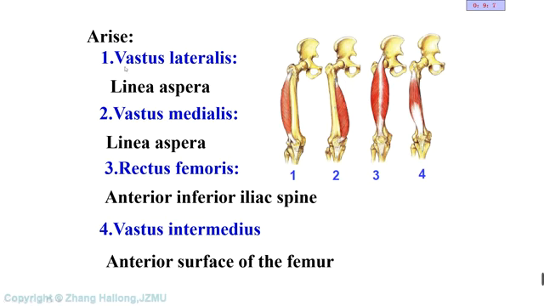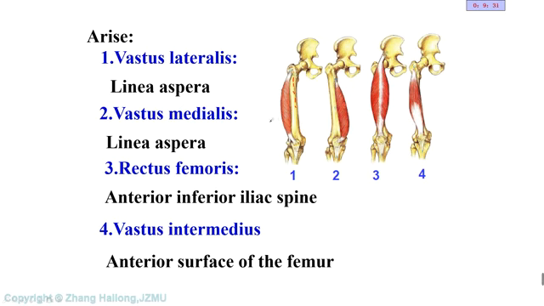Now let's see the origins of them. The vastus lateralis is from the lateral side of the linea aspera. Can you remember this structure? This structure is on the back of the femur. So this muscle is from the back of the femur, on the lateral side.